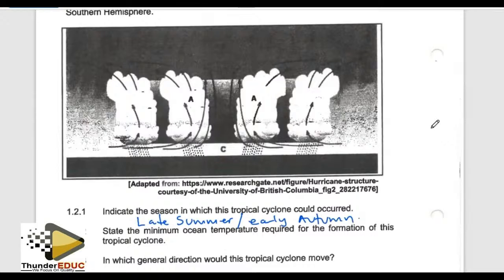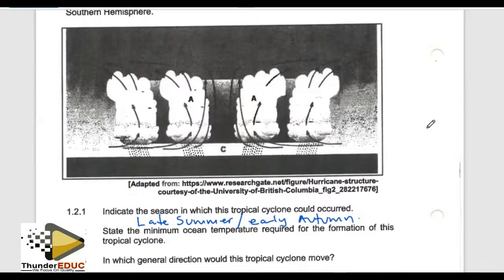Sometimes we avoid just saying summer, because when summer is just starting, at times temperatures are very low. That is why we prefer saying late summer or early autumn. That is when temperatures are high enough to support the development of cyclones.